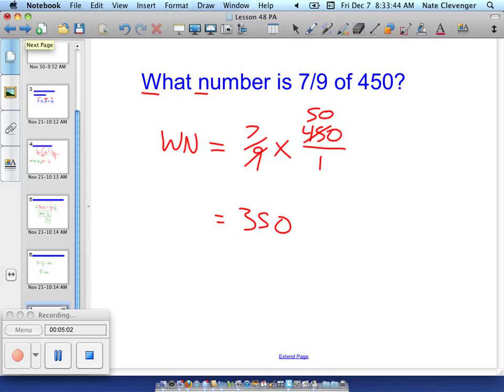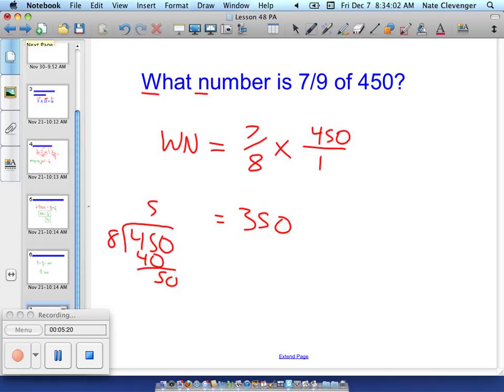That's no big deal. But what I have seen some people do, let's suppose hypothetically, make it up, just say this said 7/8 and this was 450. What I'm seeing people do is take the 450 and divide it by 8. And if we do that, that's 56.25, so the decimal works out.